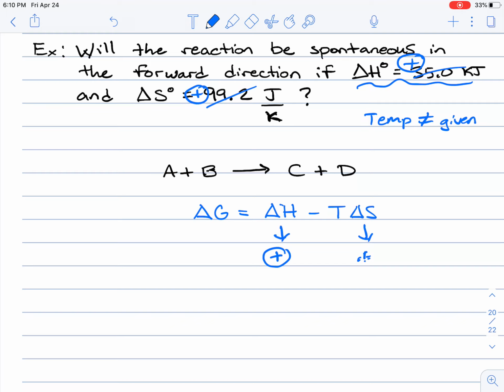And so since we have a positive sign on both enthalpy and entropy, those are going to give us conflicting results, as seen in the problem above.